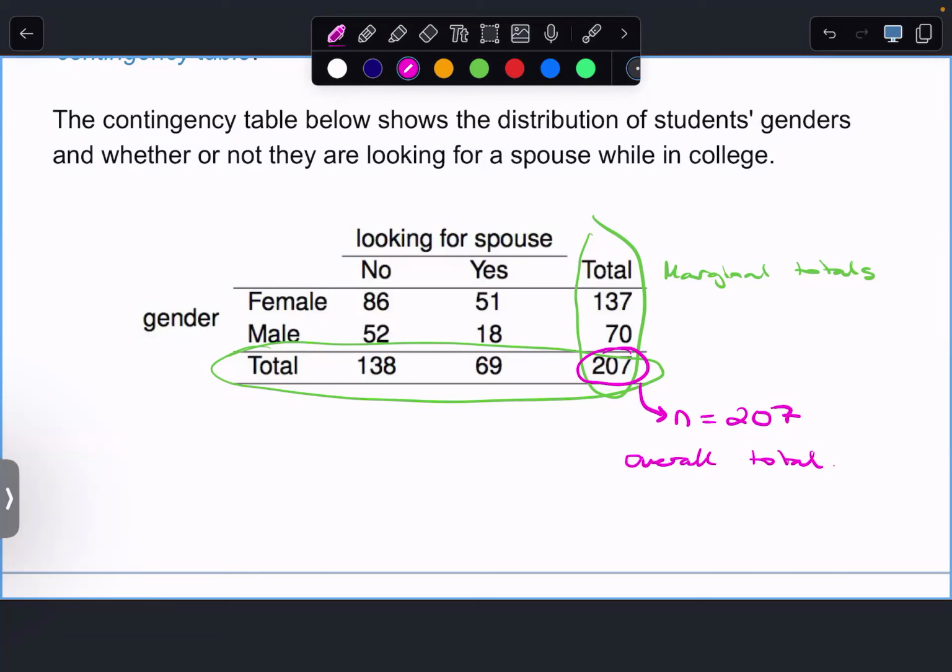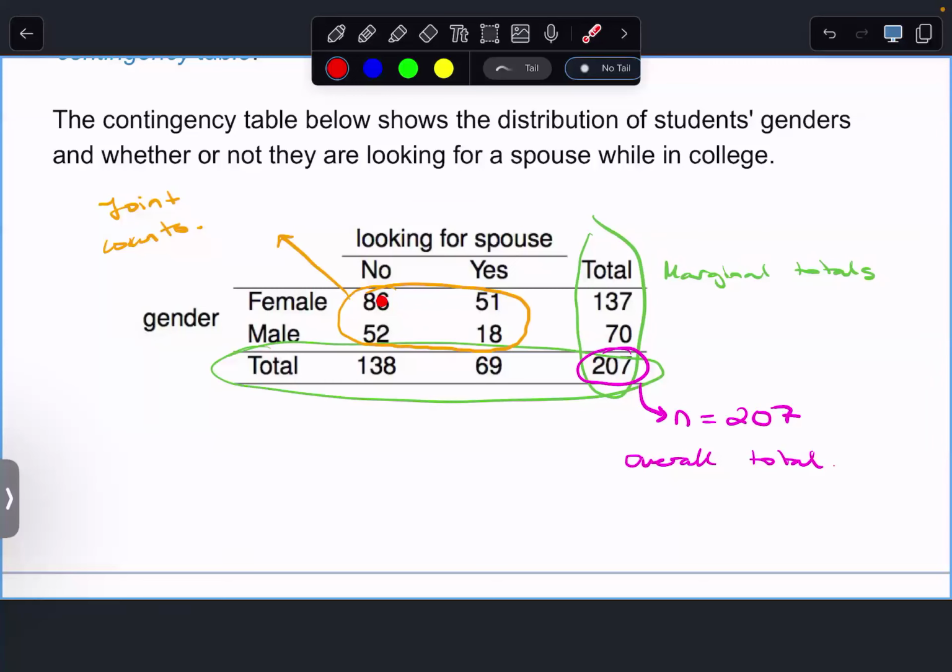And here we've got these joint totals, or joint counts. Just for being able to talk about all of this table here, these are joint counts. Usually we talk more about these in terms of probabilities. 86 out of 207 people sampled were female and not looking for a spouse.